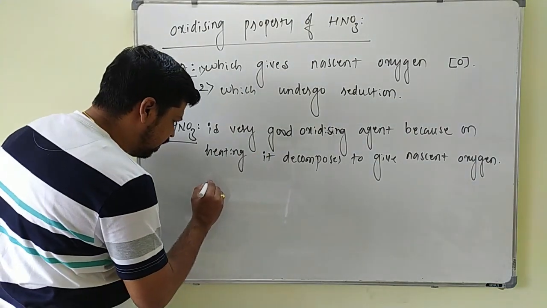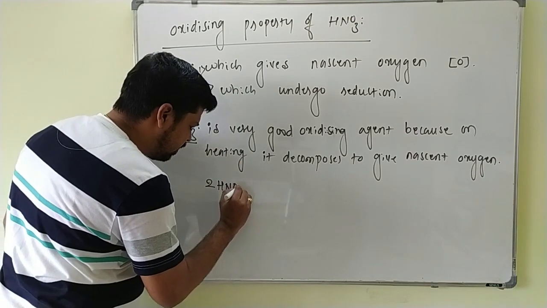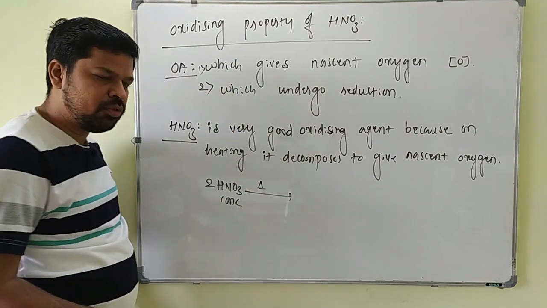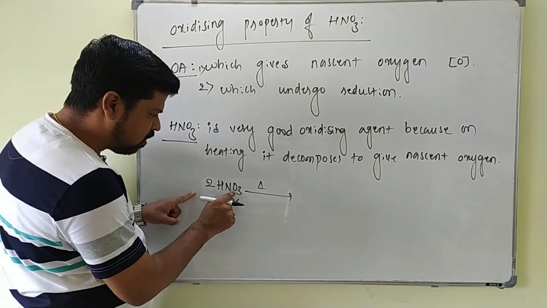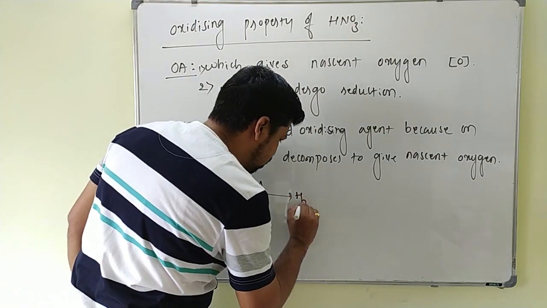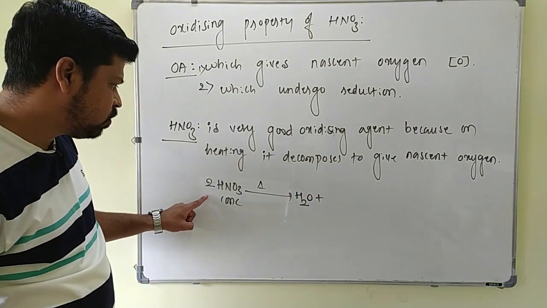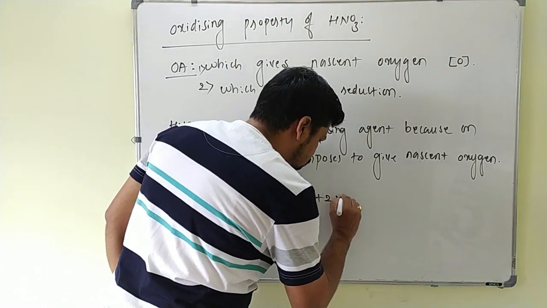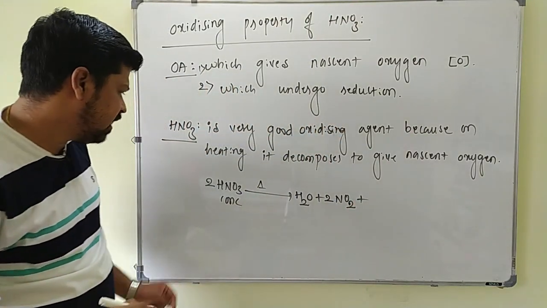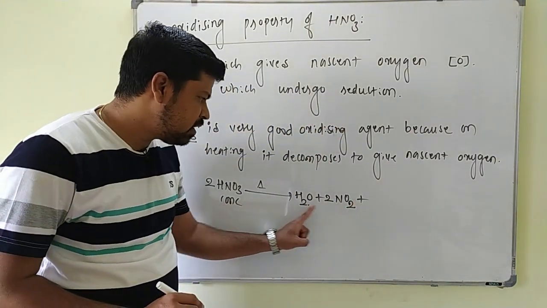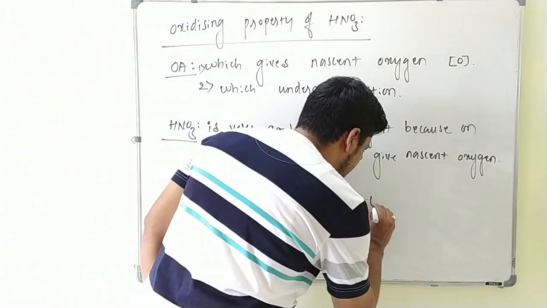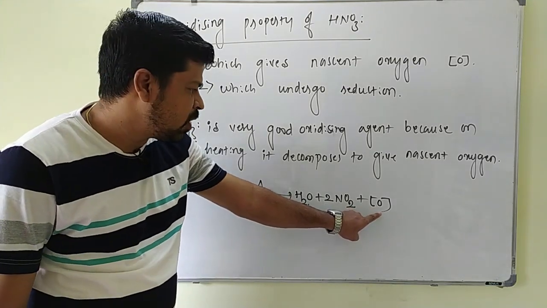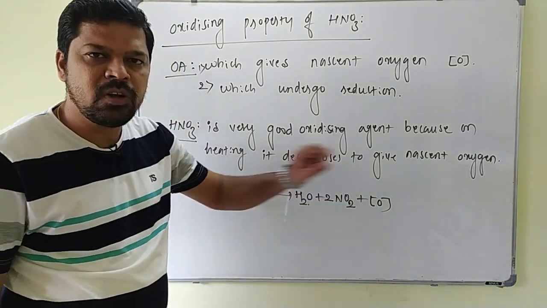First one, if I take 2 moles of HNO3, a concentrated HNO3, on heating it decomposes to give, see here 2 hydrogens are there, you take 1 oxygen to form a water molecule, plus it gives 2 times NO2, 2 nitrogens are there, you utilize 4 oxygens to write 2 times NO2, plus see here total 6 oxygens are there, already we have utilized 5 oxygens, only 1 oxygen is remaining, and that oxygen comes out as nascent oxygen. So because of this, HNO3 acts as an oxidizing agent here.